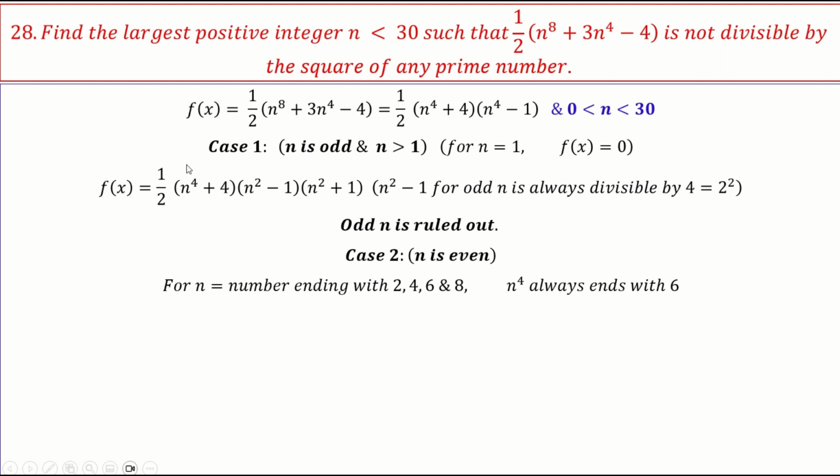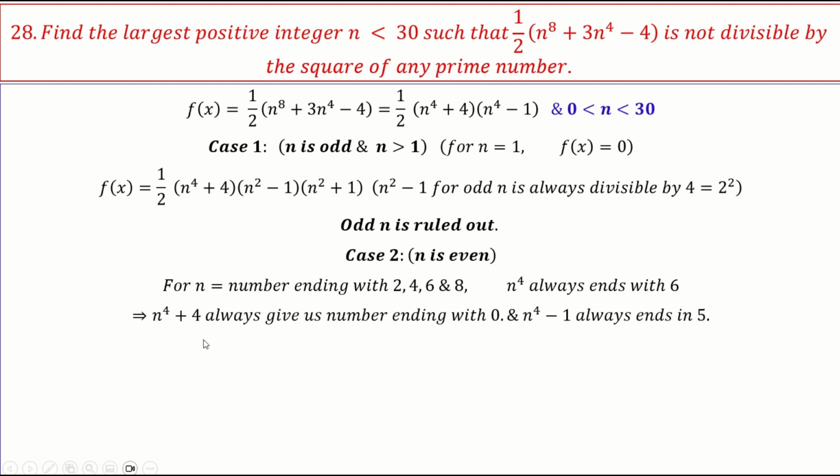Now n power 4 ends with 6 and plus 4 we are adding, so this will always end with 0. So it is a multiple of 10 here.